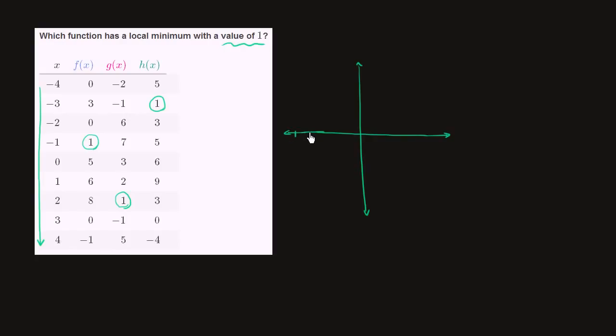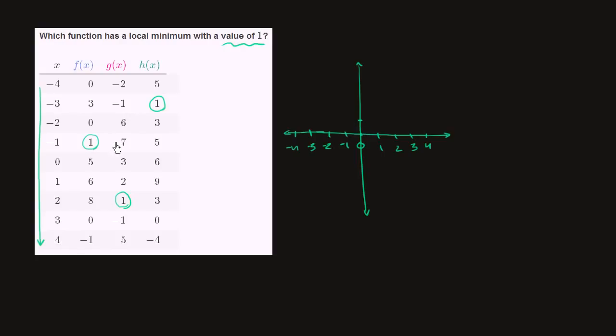So we have -4, -3, -2, -1, 1, 2, 3, 4, and this is going to be 0 right over here. And we're going to care about what's happening when these functions hit 1.